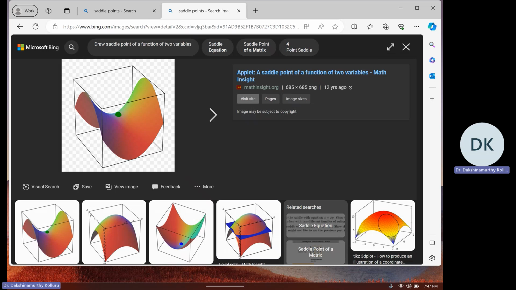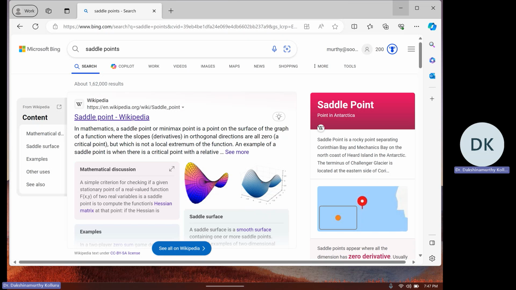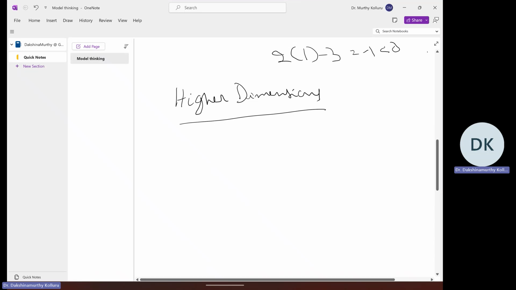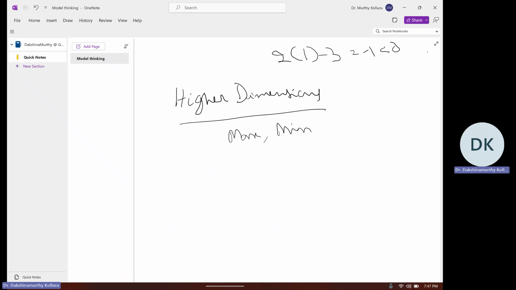So that green guy there is a saddle, minima in one direction and maxima in the other direction. That is the kind of complexity that you never had in one dimension. In one dimension, you have maxima or minima. Here you have maxima, minima, or saddle.